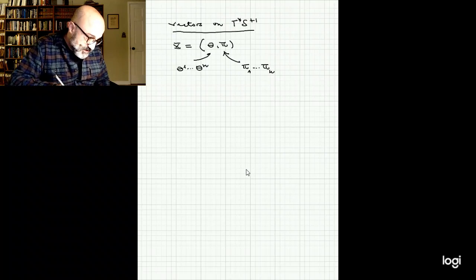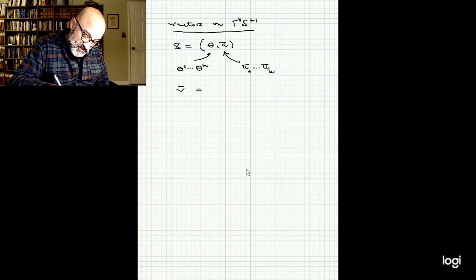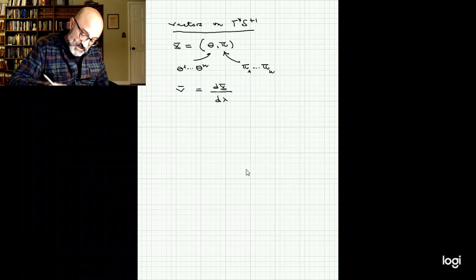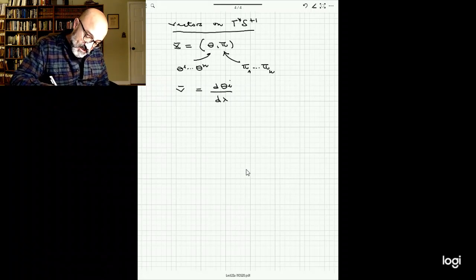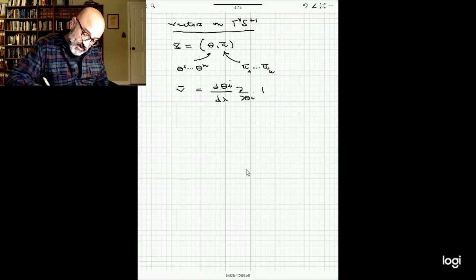Very good. The vectors then on this space are going to be derivatives of these coordinates with respect to lambda, and we're going to write them like d theta^i plus d pi_i, with respect to lambda.